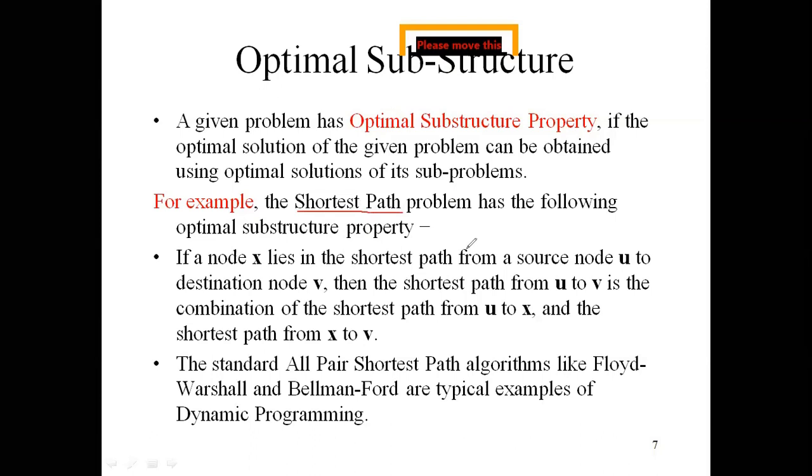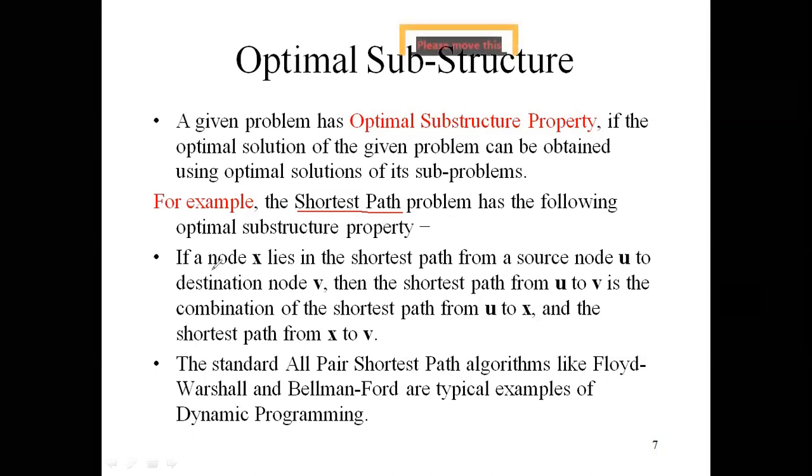From source to destination, what is the shortest path? Whichever path takes the least distance, you can consider that particular one. So that is the shortest path problem. Here is the optimal substructure property.